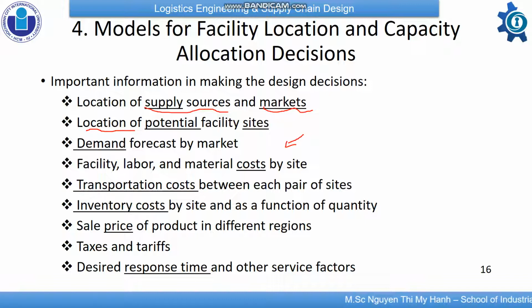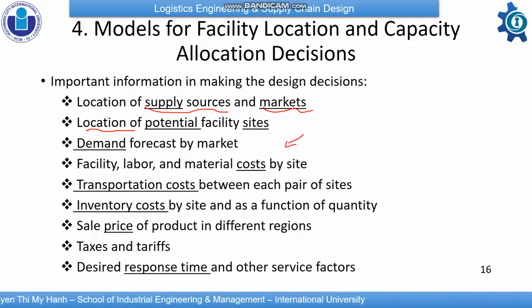So that information is very important. You want to minimize your cost, so when you want to locate your facility in a site, you have to know the labor cost or material cost in that site.